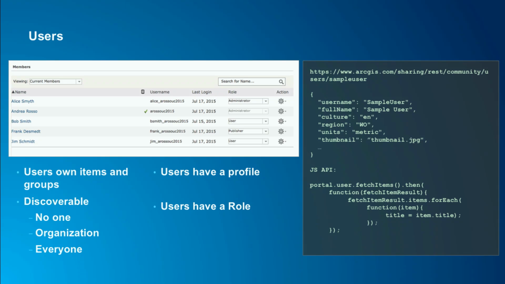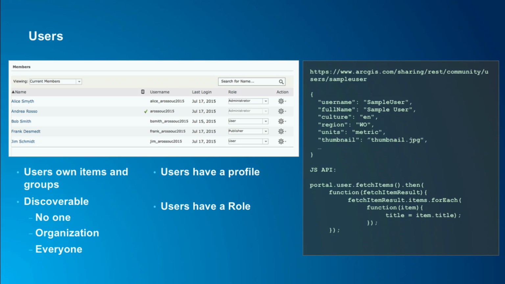They can set themselves to be private, so nobody can see their information, visible in the organization, or visible to everyone, again meaning anonymous users. Users also have a profile, so as a user you can add your own thumbnail, your own description, etc.